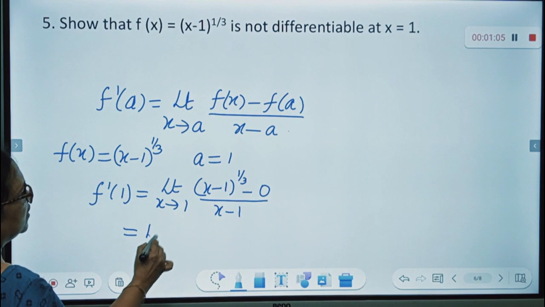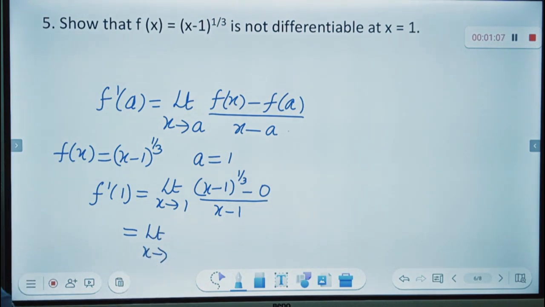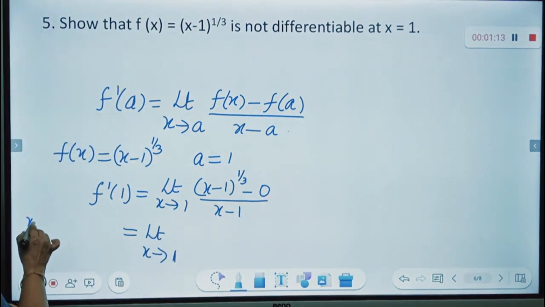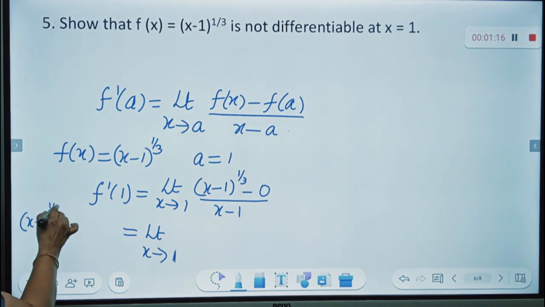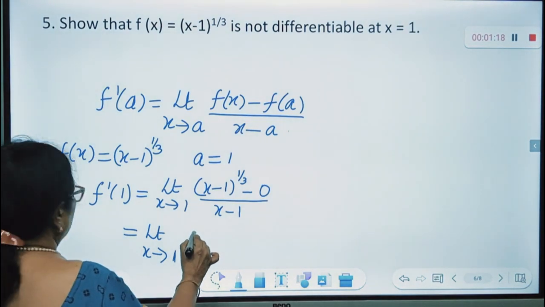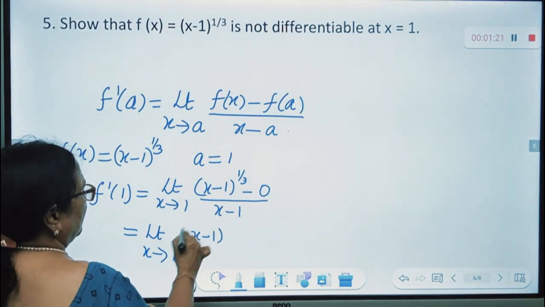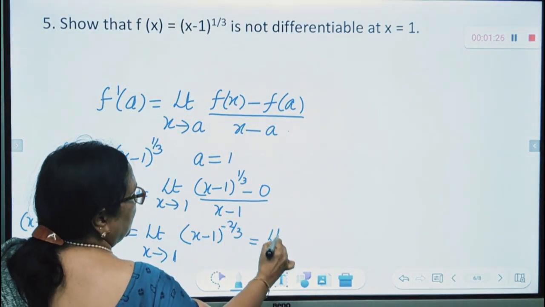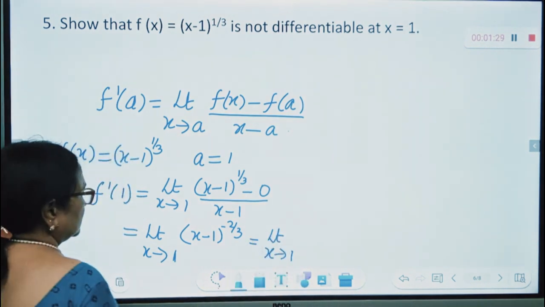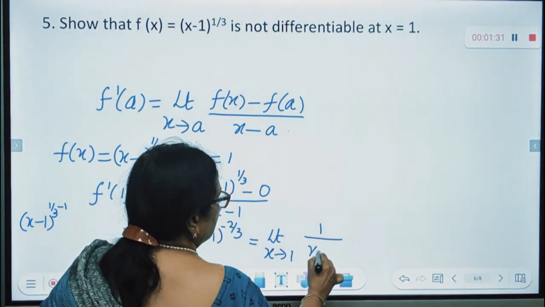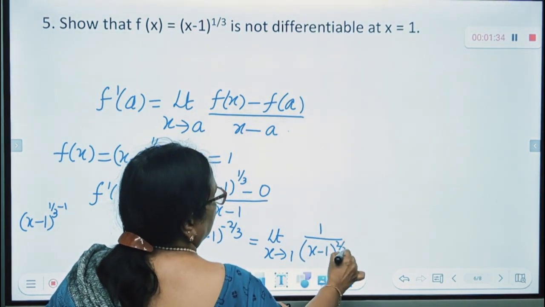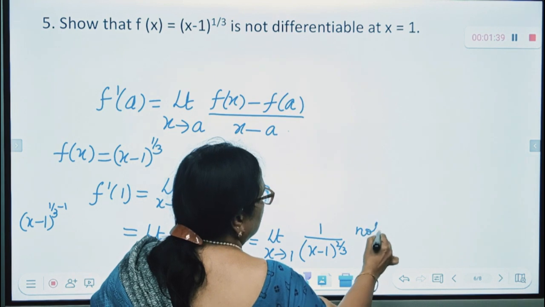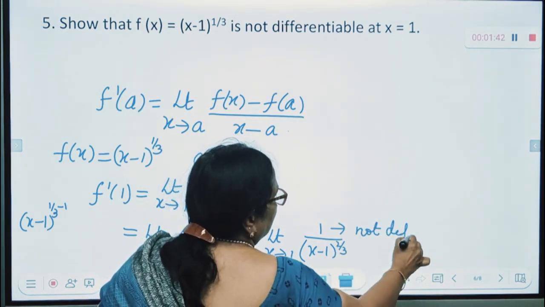So this is the limit as x tends to 1 of x minus 1 the whole power 1 by 3 minus 1, so x minus 1 whole power minus 2 by 3, which is the same as the limit as x tends to 1 of 1 by x minus 1 power 2 by 3. When I put x equal to 1, it is not defined. It becomes infinity.